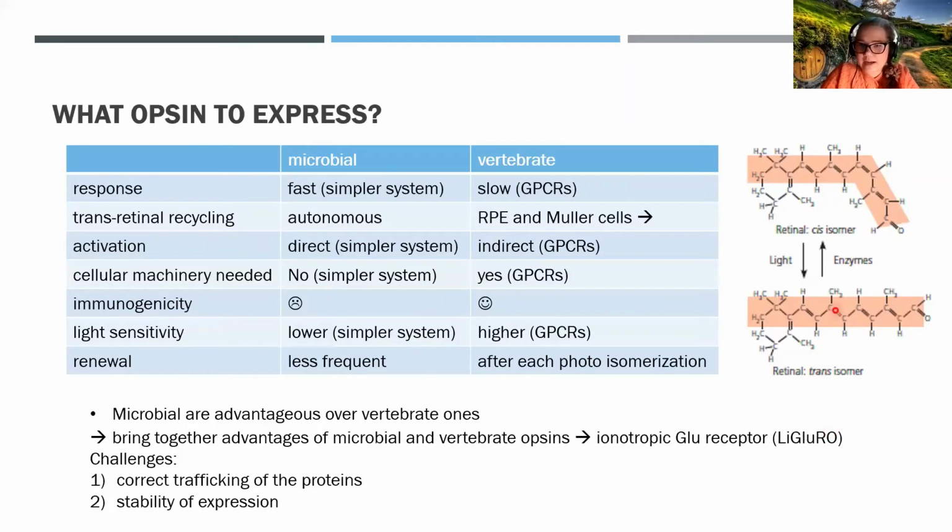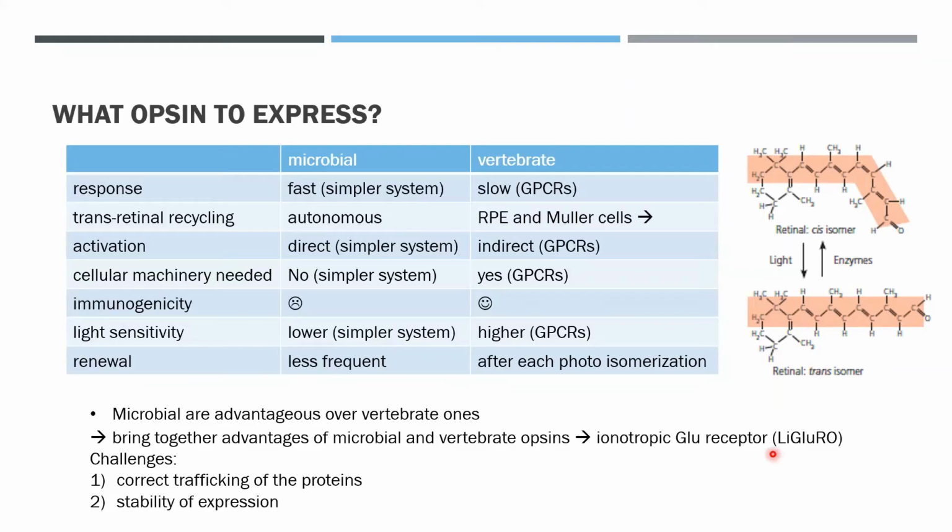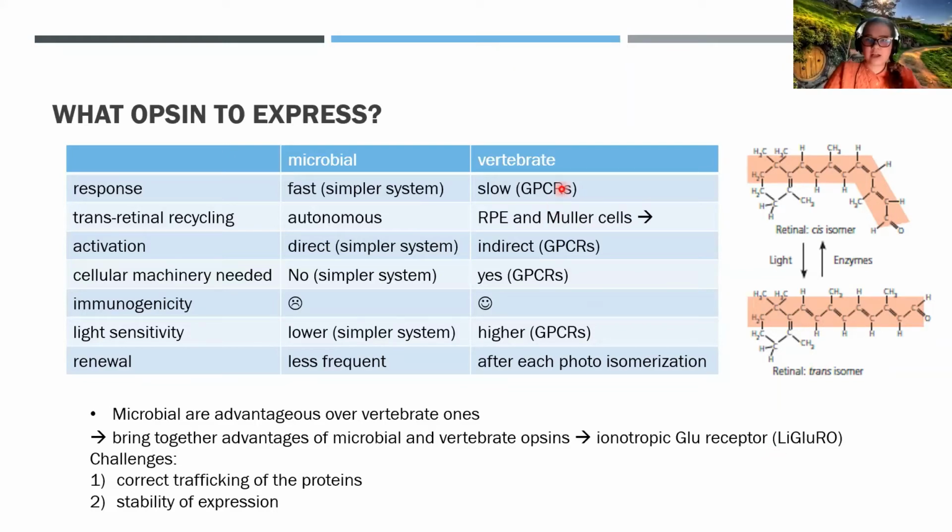And this isomer is very important because after we have this, we have activation of GPCRs and activation of photoreceptor cells and all the firing from the eye to the brain. Now, activation of vertebrate opsins is indirect, cellular machinery is needed, and there is no immunogenicity. It is a good thing. Light sensitivity is higher, and renewal is needed after each photoisomeration.